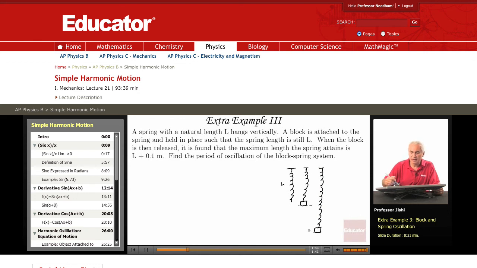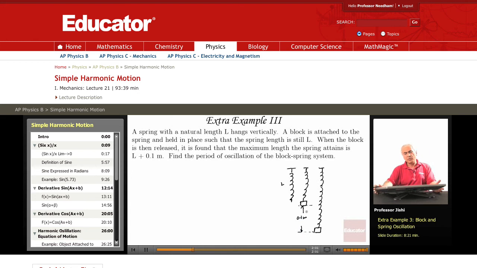this is the maximum length. It will oscillate. Okay, it will move up and down. But the maximum length the spring attains is L plus 0.1. So this is 0.1 meters.